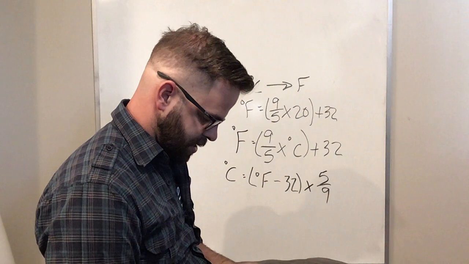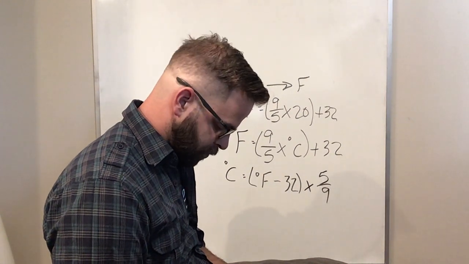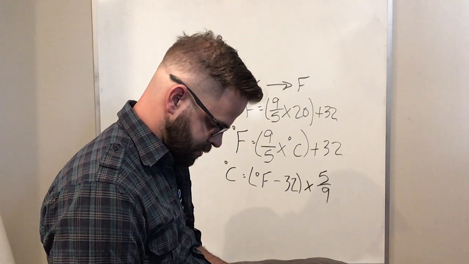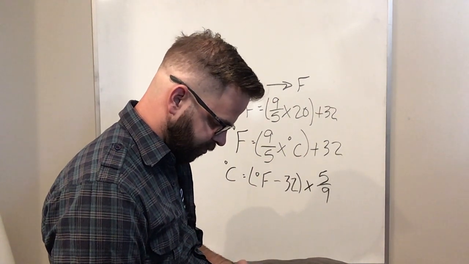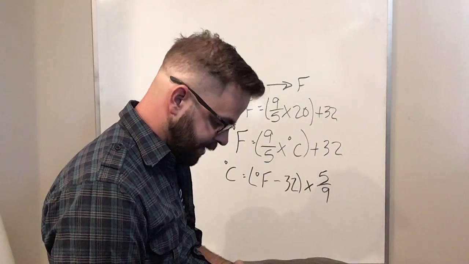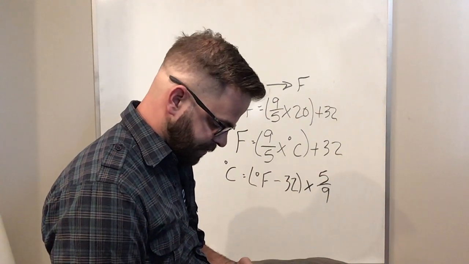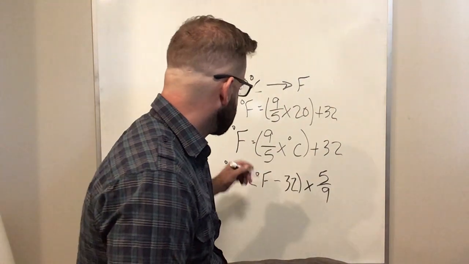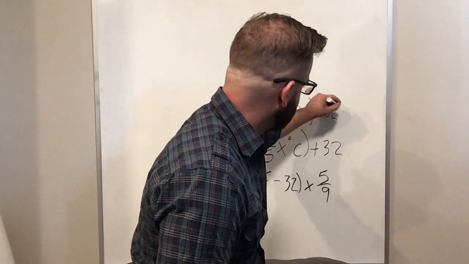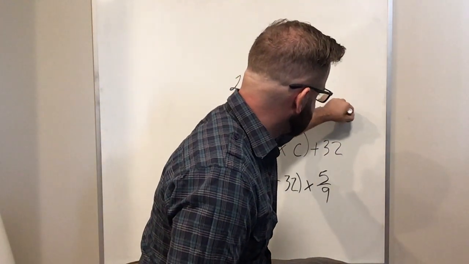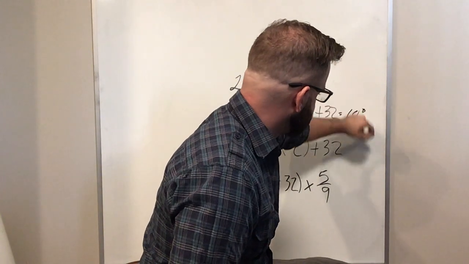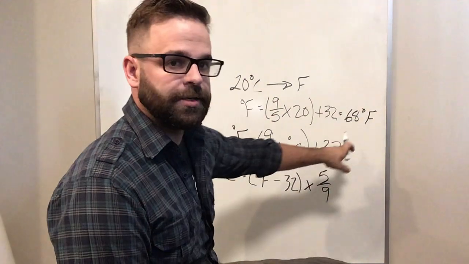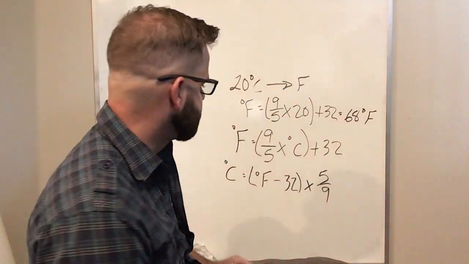If I plug that into my calculator, we get 20 times 9 over 5 is 36, and then we add 32 to that, and we get a value of 68. Let's put that over here. That's equal to 68 degrees Fahrenheit. So 20 degrees Celsius is equal to 68 degrees Fahrenheit.